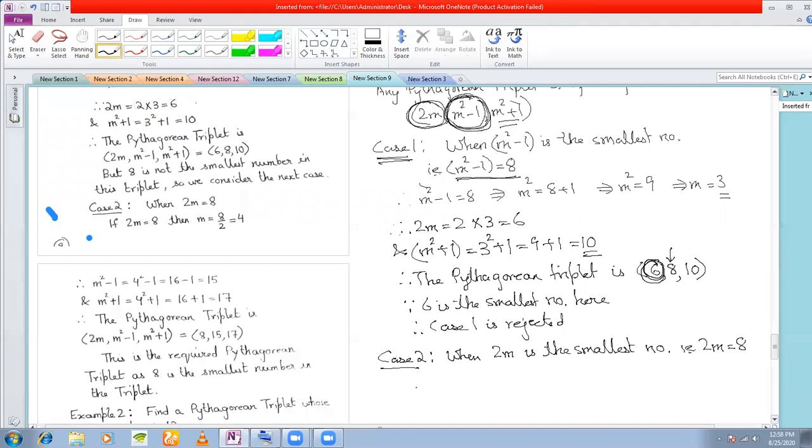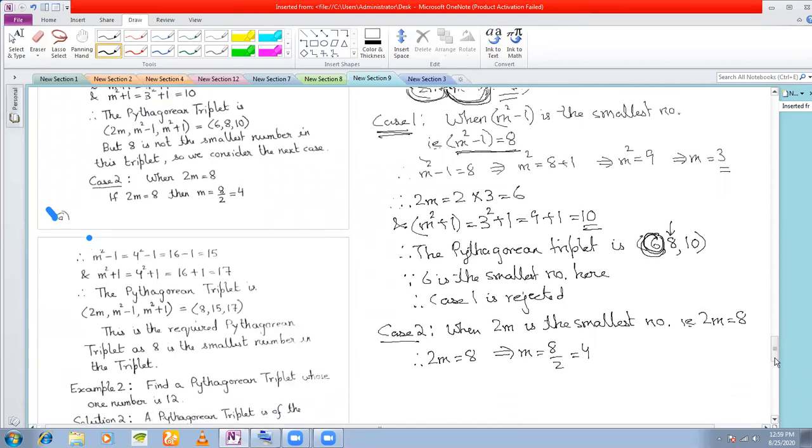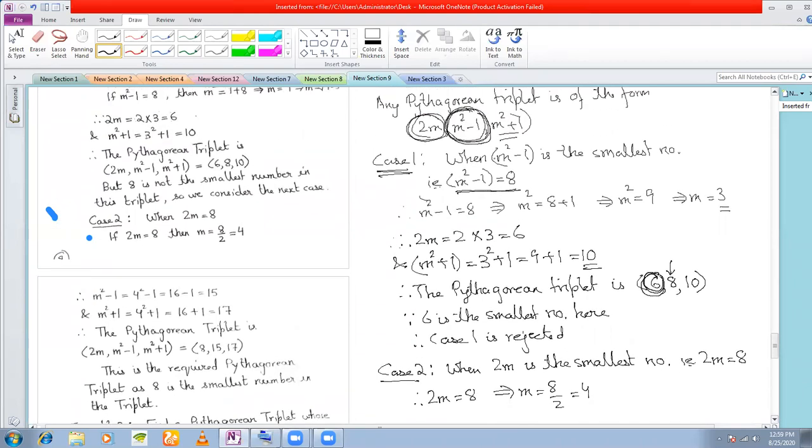So therefore 2m is equal to 8 means m must be equal to 8 by 2, which is equal to 4. Now we have got the value of m. So what are the other numbers in this case? The other numbers in this case are m square minus 1 and m square plus 1.